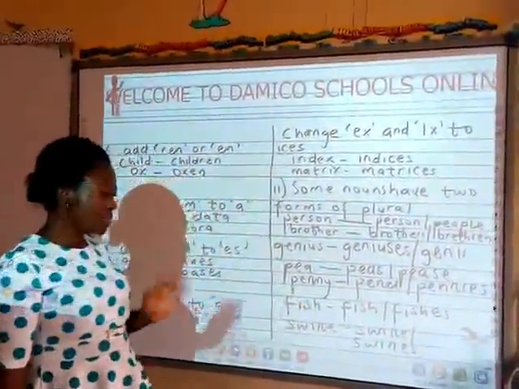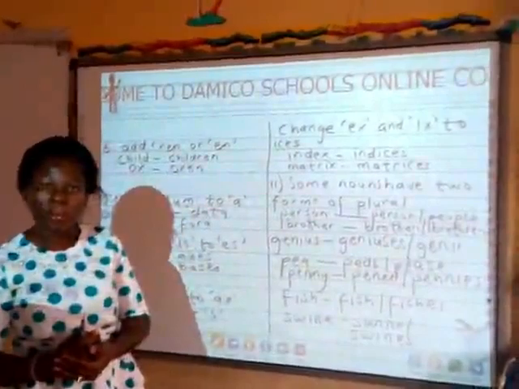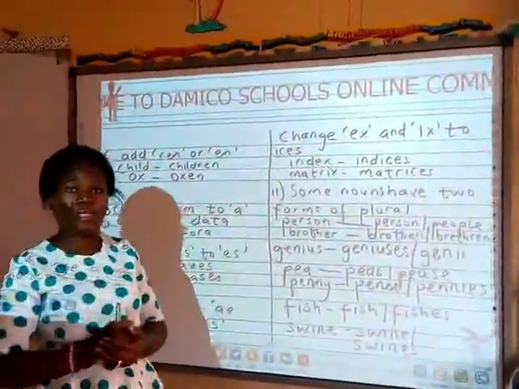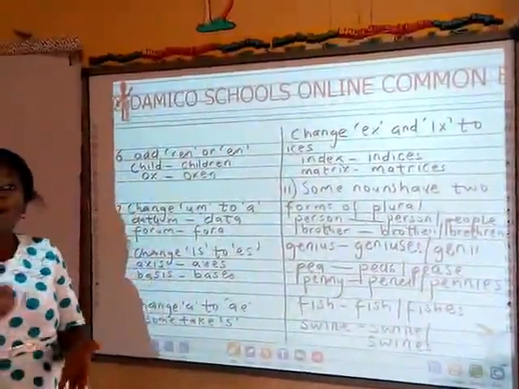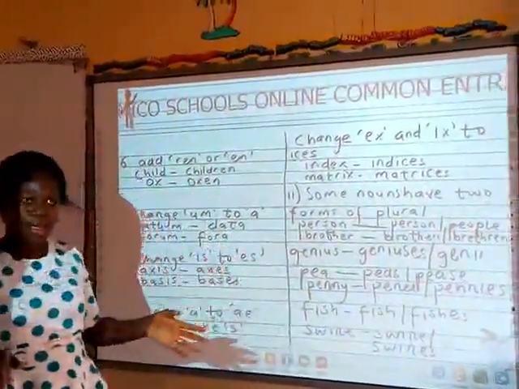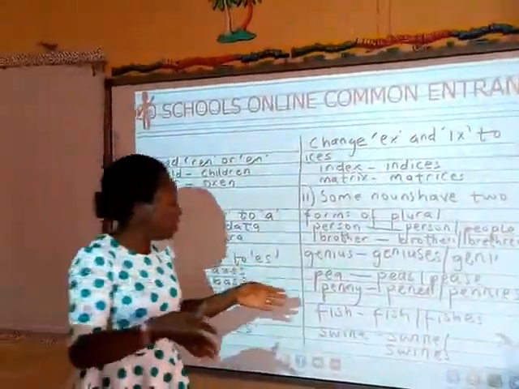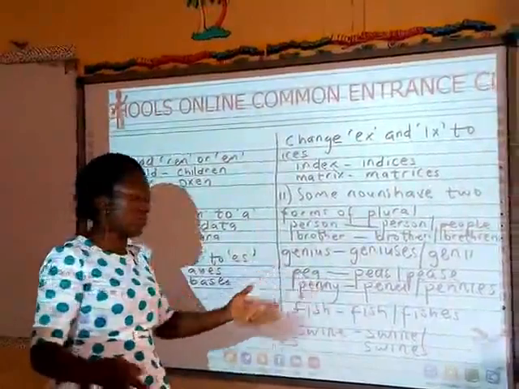Fish. Fish can either be fish or fishes. Now let me correct you. Fish can only be in plural form, fishes, when we have different types of fish. What I mean is, when we have tilapia, mackerel, then you can talk about fishes.